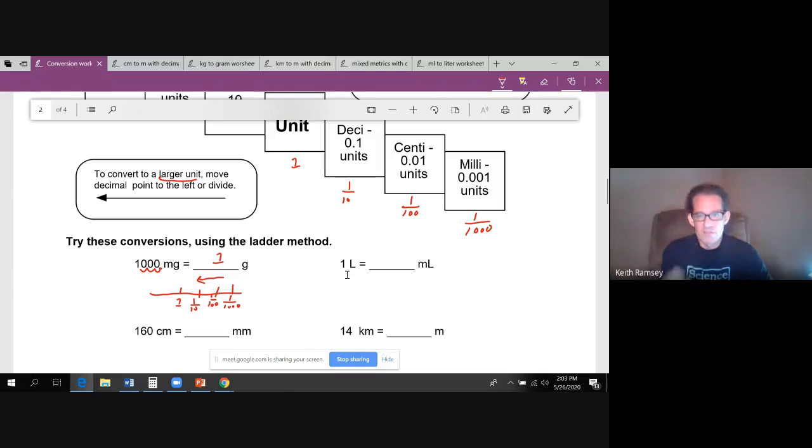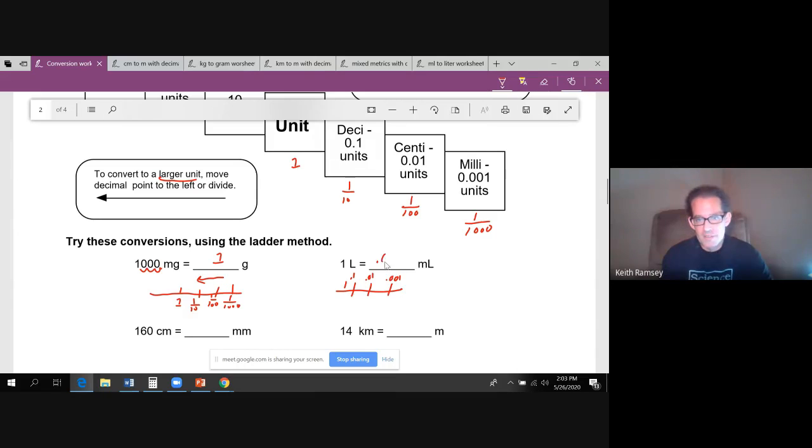So here's liter. Again, this is a unit of 1. But now I'm moving my decimal this way, okay? So if I have 1 liter and I want to go to milliliters, then this would be deci, this would be 0.1, this would be 0.01, this would be 0.001.